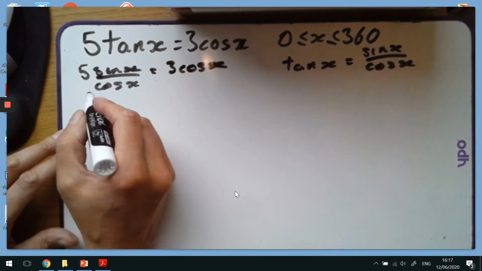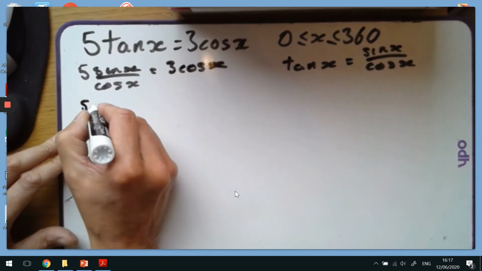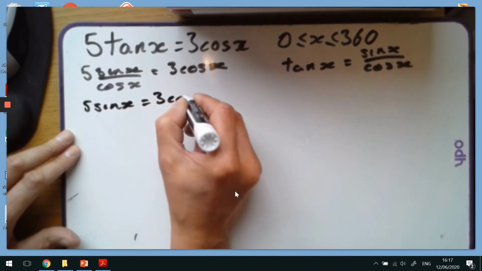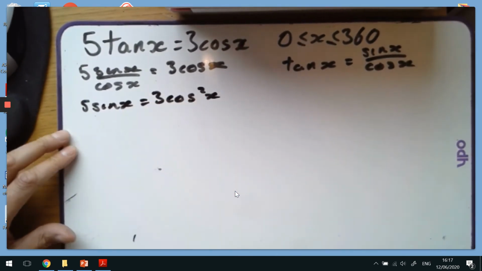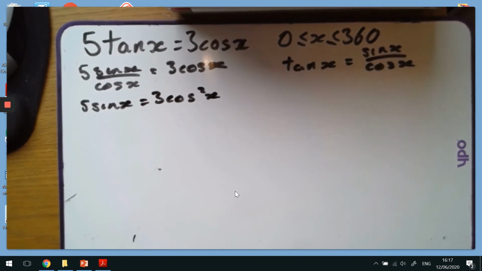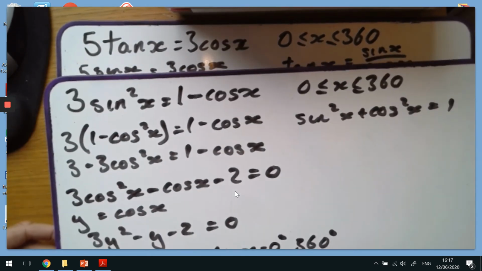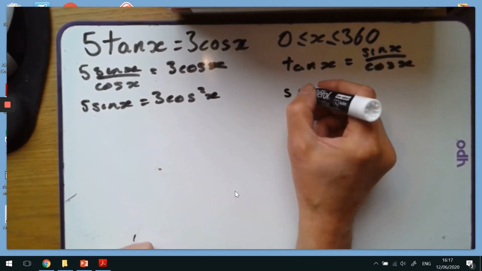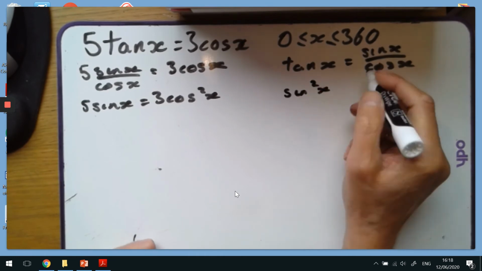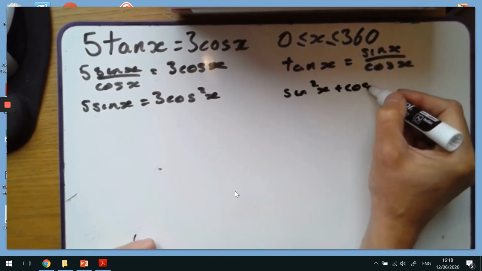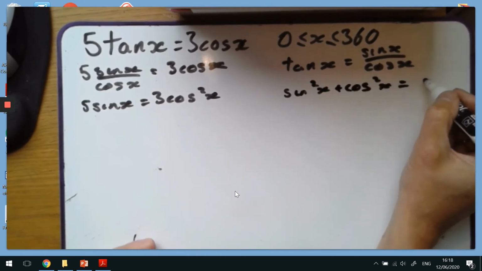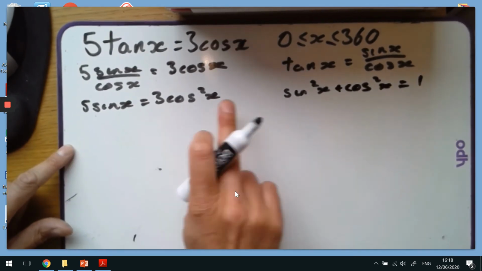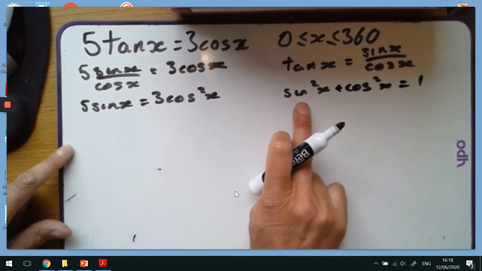I'm going to multiply through by my cos of x to give me 5 sine of x equals 3 cos squared of x. So can we see now we're in a similar situation we were on the previous example. So I'm going to use my other trig identity to replace the cos squared of x with 1 minus sine squared of x.